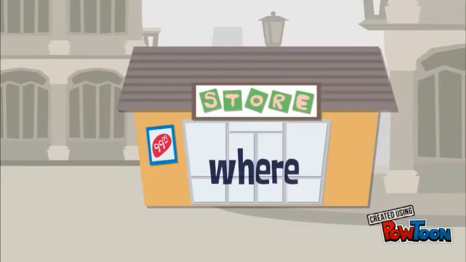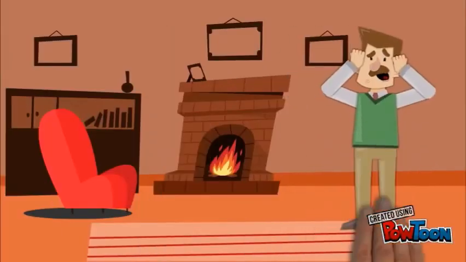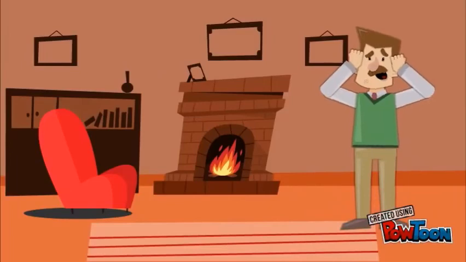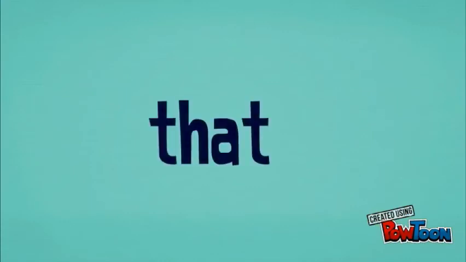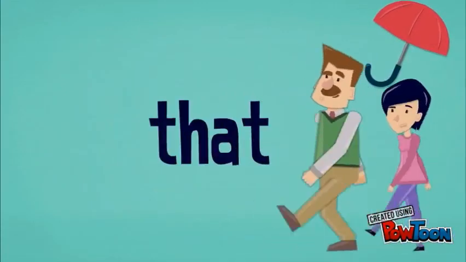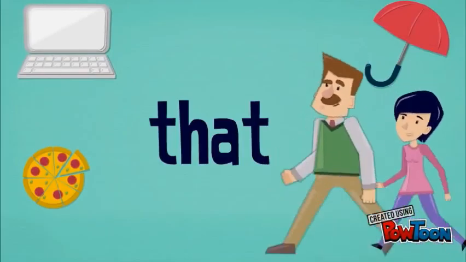We use where when we talk about places. My father forgets things. He never remembers where he puts his keys. He never remembers where he puts his keys. We use that when we talk about people and things.